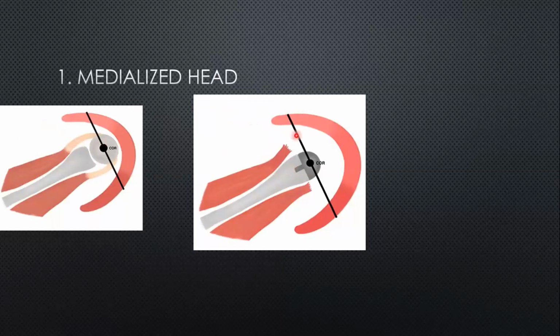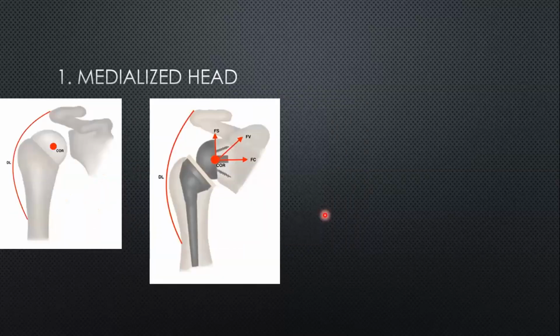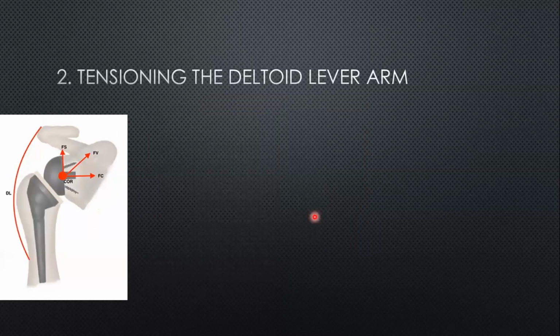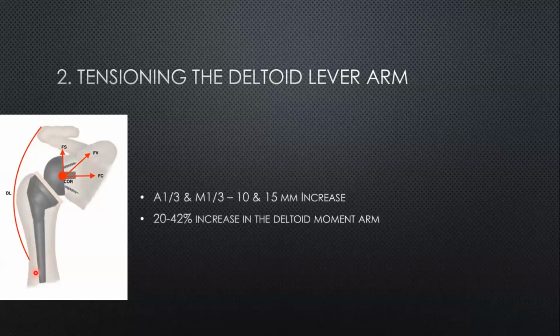More of the deltoid will be recruited, but the resultant problem is that external rotation in these cases will be decreased. This is again lengthening and tensioning of the lever arm that will enable more deltoid fibers to be oriented in this vertical axis and more deltoid fibers to be recruited for the function. So this surgery gives approximately 20 to 42% increase in the deltoid momentum.